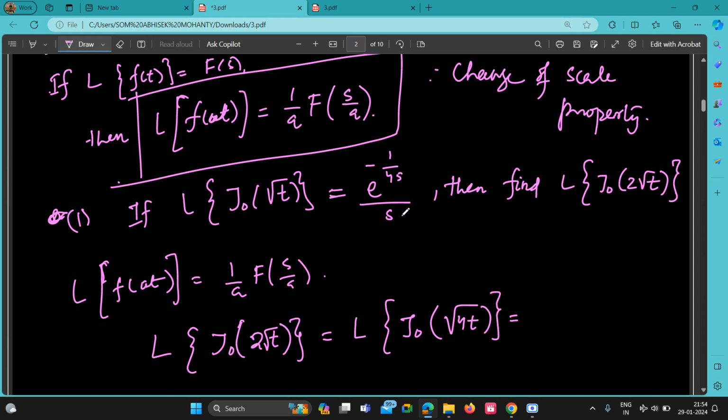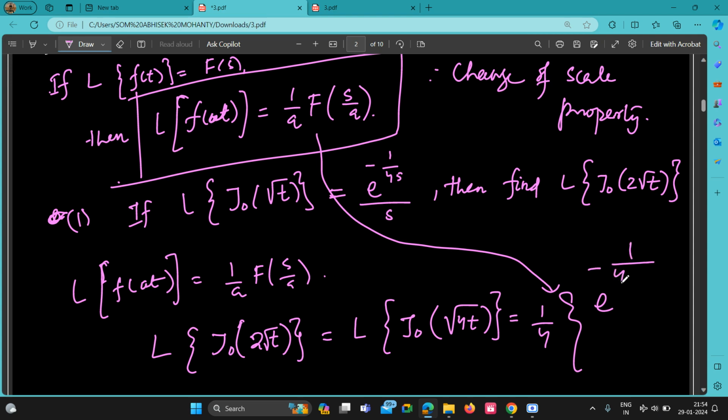So if I use this, s will be divided by a. The 1 by 4 that is inside, e to the power minus 1 by 4 times s by a.